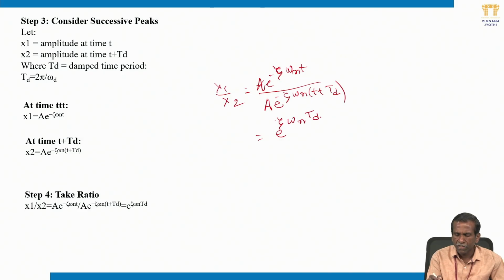It is giving this because if you write the exponential form, e power minus zeta omega n t into e power minus zeta omega n td, as you know, this is in the denominator. So it becomes positive, e power zeta omega n td. This is x1 by x2.